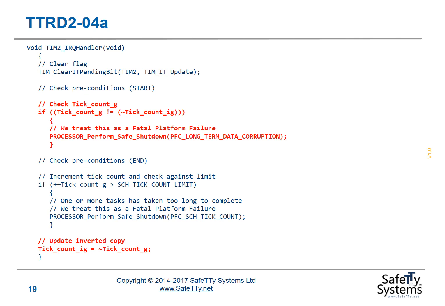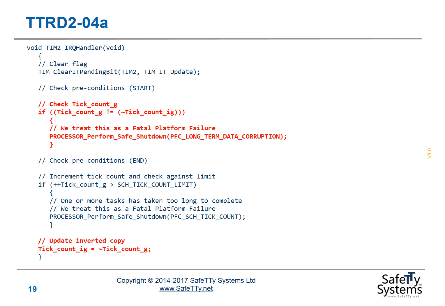If we pass these preconditions, we still have the other checks to perform. So in this case, we're checking to see whether the tick count has exceeded the tick count limit. If it has, this suggests that one or more tasks has taken too long to complete. So we've had a task overrun situation. Again, we're treating this as a fatal platform failure.